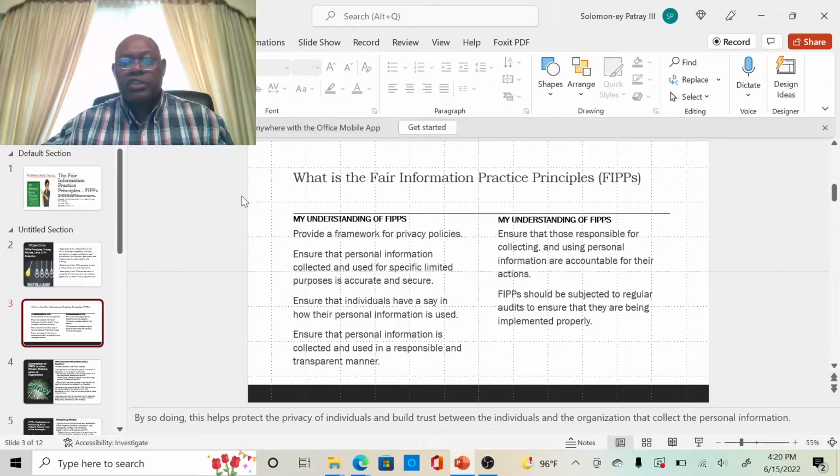They also ensure that personal information is collected and used in a responsible and transparent manner. FIPPs ensure that those responsible for collecting and using personal information are accountable for their actions. FIPPs should be subjected to regular audits to ensure that they are being implemented properly.